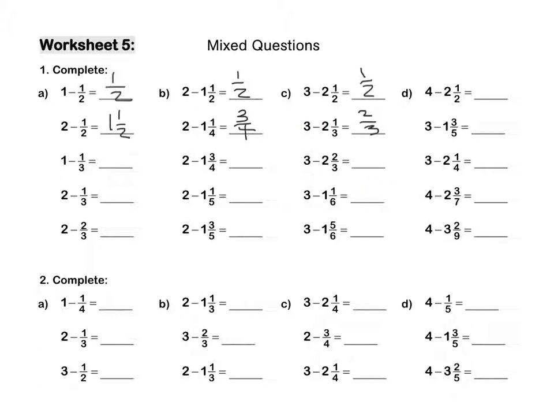Let's look at this question. 3 minus 1 1/6 is going to be 1 5/6, because 1 5/6 plus 1 1/6 will give us 3 wholes. Lastly, 4 minus 2 3/7 is going to be 1 4/7, because 1 4/7 plus 2 3/7 is 4 wholes. Pause this video to complete question 1 and question 2 by yourself.